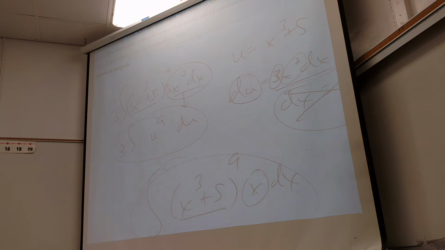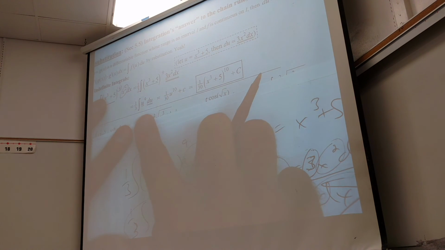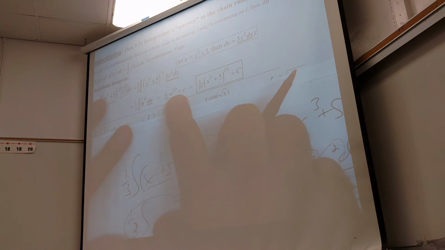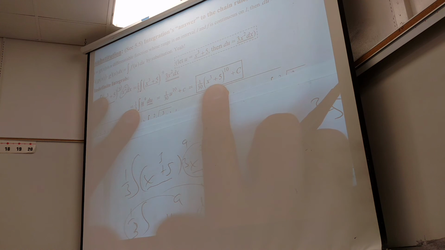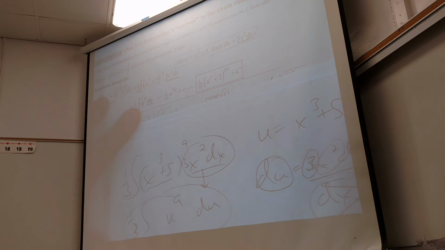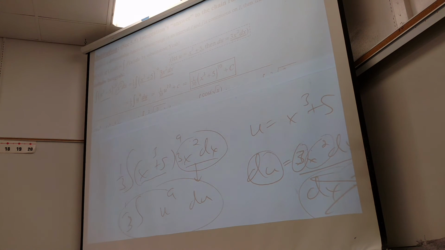I can do that using the power rule. So coming back to this, that's exactly what I've got here. U to the 9th, and then I get u to the 10th over 10, which multiplies to the 3 that was already there, and so forth. So it's undoing the chain rule. That's why the first thing I've got to do is repackage the inside function, because that's what made the outside stuff show up.